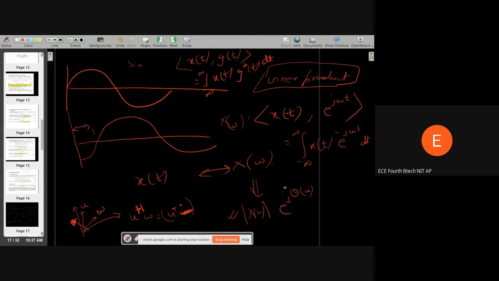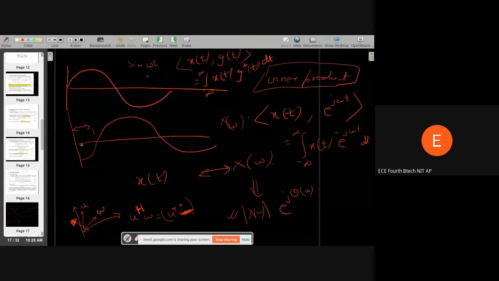I hope you are decently familiar with complex numbers and how to represent them in this magnitude and phase form. So I want to talk about what magnitude and phase are. Let's say you have a sinusoid of a certain frequency. What is phase?